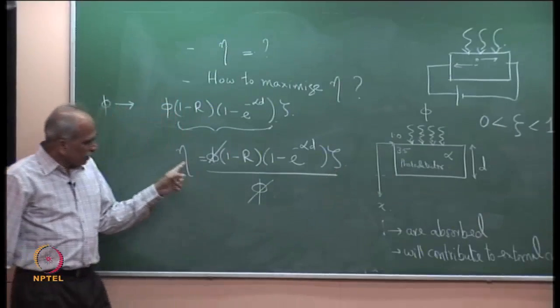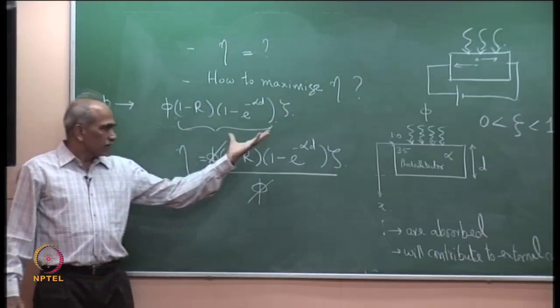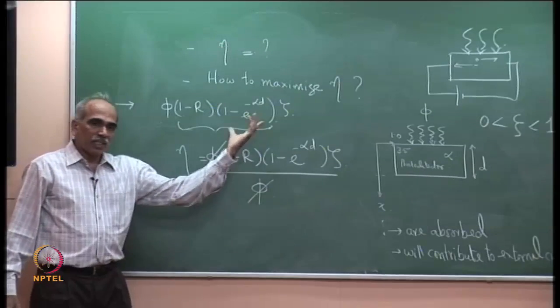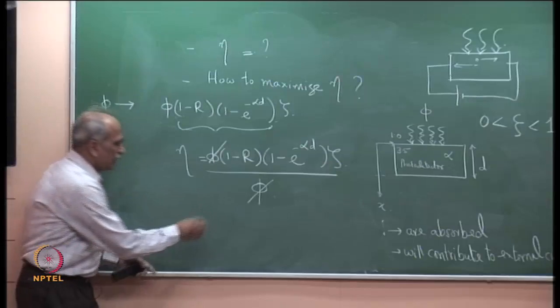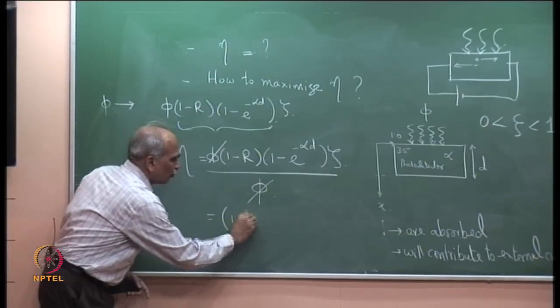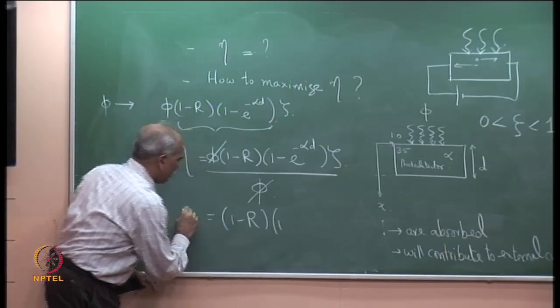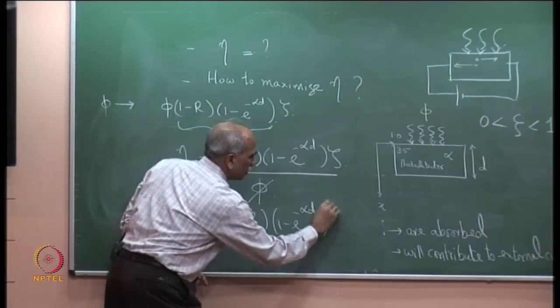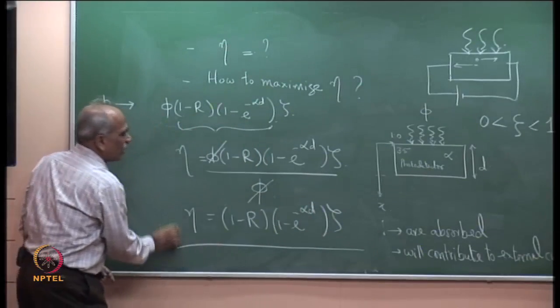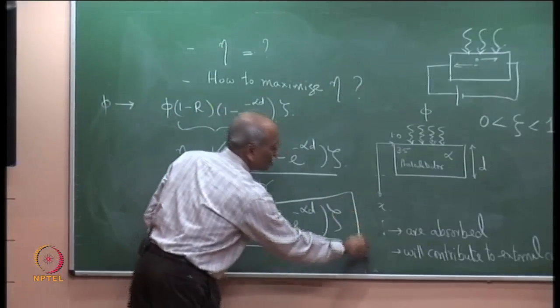And therefore, the definition of eta is I by E divided by the photon flux. So phi cancels, and eta is simply equal to 1 minus R into 1 minus e to the power minus alpha d into zeta. Why did I write this in this form?